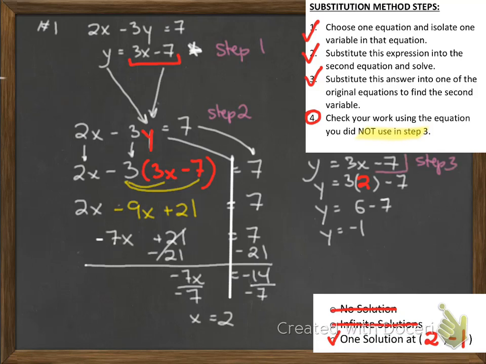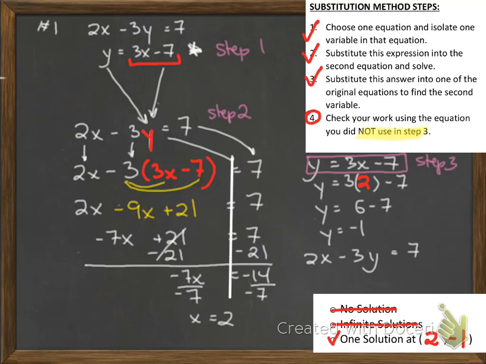So the equation I used in step 3 is right here, y equals 3x minus 7. So I can't use that again. I have to use the other equation, which is 2x minus 3y equals 7.